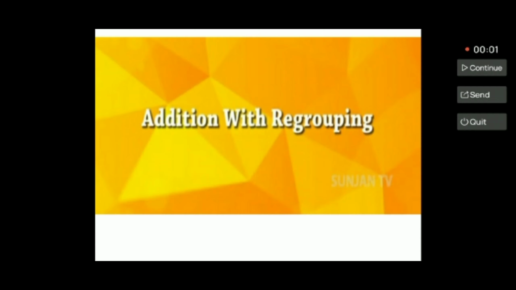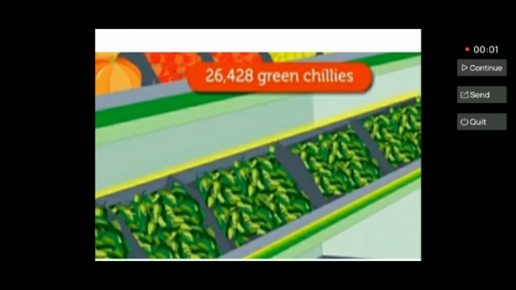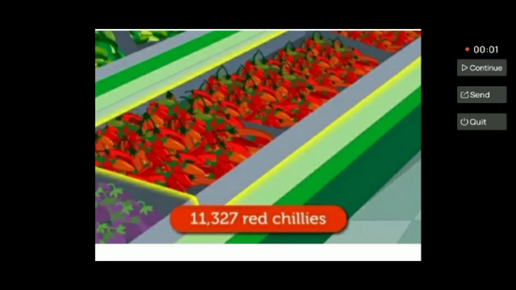Okay students, now we will do addition with regrouping. Now look at the picture of chilies. There are 26,428 green chilies and 11,327 red chilies.